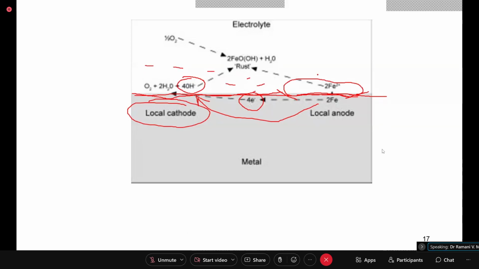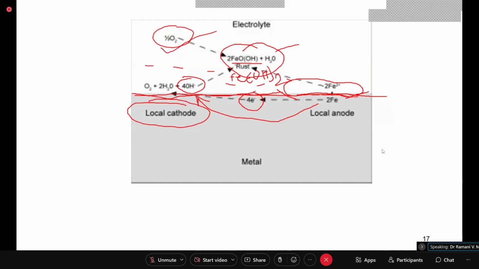This 4OH minus and 2Fe2+ will combine to form rust, and further it will react with O2, forming finally this particular compound. First it will form Fe(OH)2, and then it will combine with further half O2, forming Fe2O3·3H2O. So this is a general reaction. According to the wet theory of corrosion, presence of electrolyte is a must for corrosion to take place.